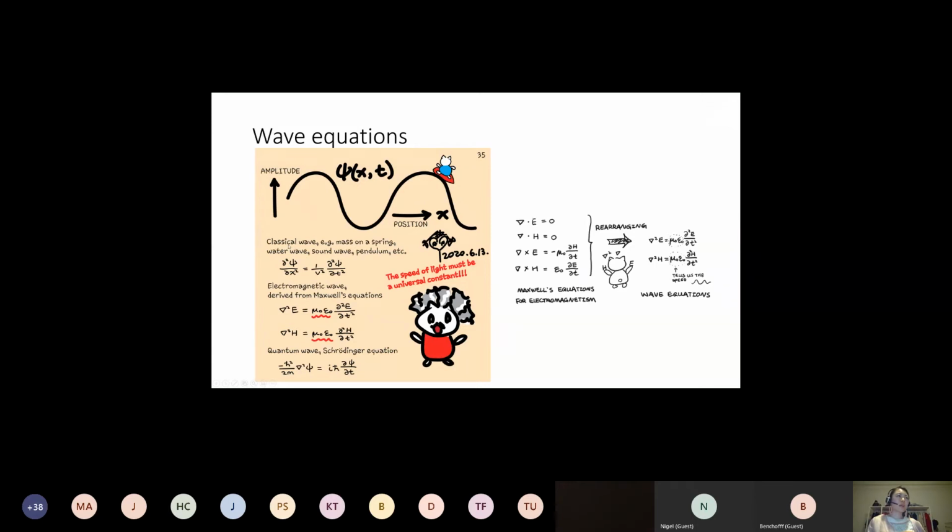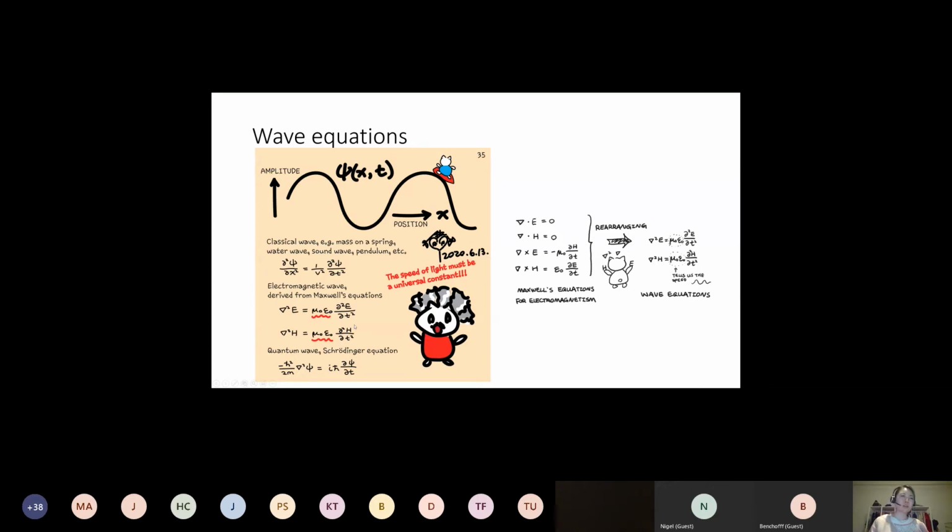And if you look at classical waves, they have this wave equation. You can figure out what the velocity of your propagating wave is just by looking at the wave equation. So in parallel, we have electromagnetic waves, which are light. And electric field and magnetic field, you can also express these, and these are derived from Maxwell's equations.